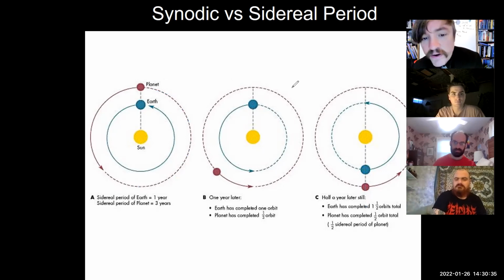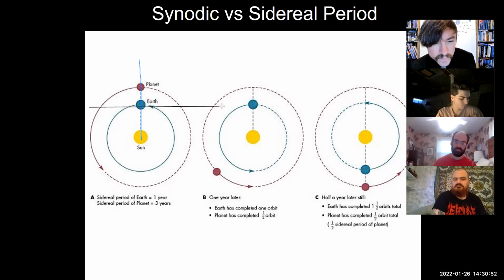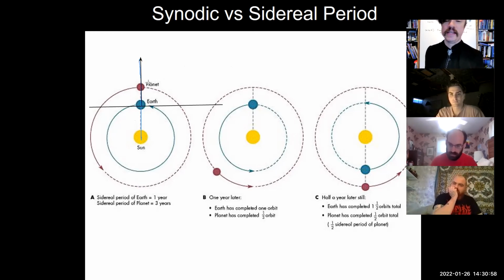If you're in an Earth-based reference frame, this configuration is what we call opposition. When Mars is in opposition, it's opposite the sun. When Mars is opposite the sun, it's going to cross your meridian at midnight.